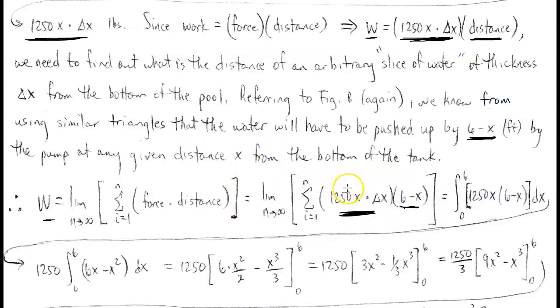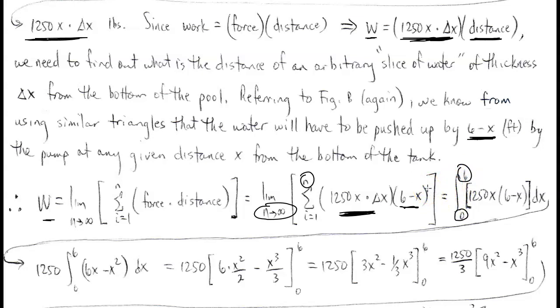And we want to look at all the slices of water from i = 1 to n, and we want n to go to infinity, so we get an infinite number of slices of water from the bottom to the top of the tank. And of course, that's telling us that we're going to look at the bottom of the tank, x = 0, and the top of the tank, x = 6.